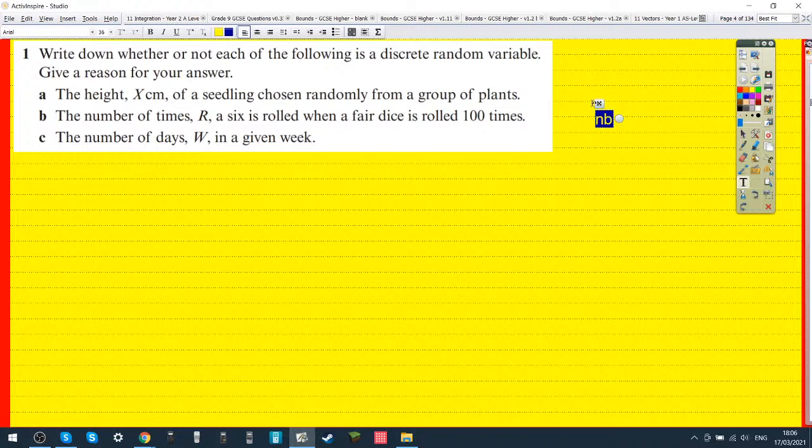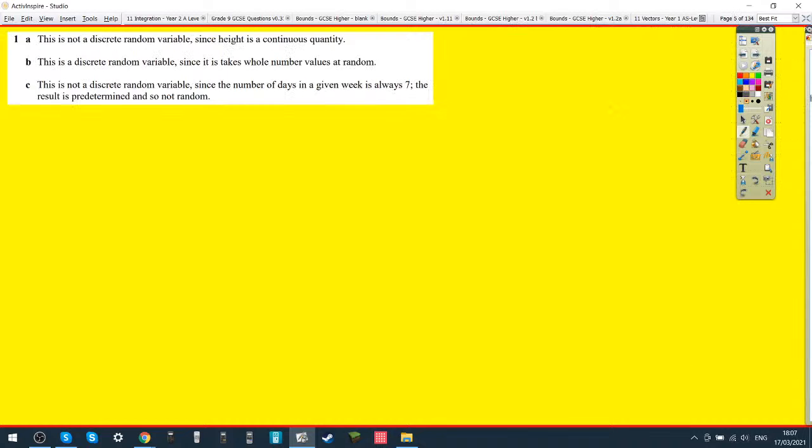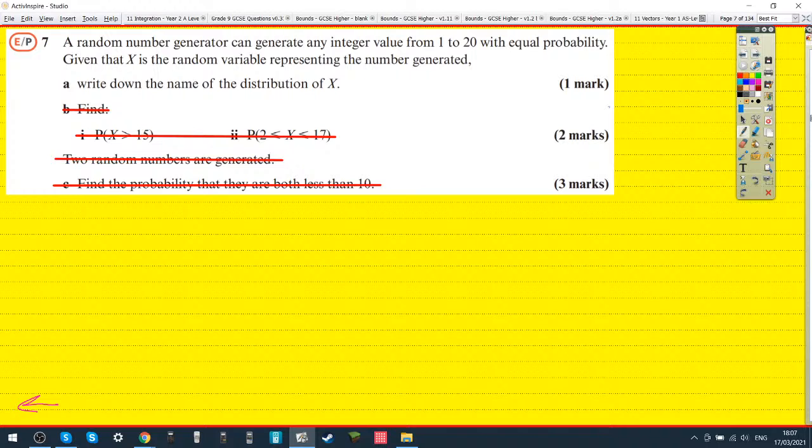And C? Not random. So this one up here is not discrete, this one down here is not random, and this one, the third bowl was just right. Baby bear had the third bowl of porridge.